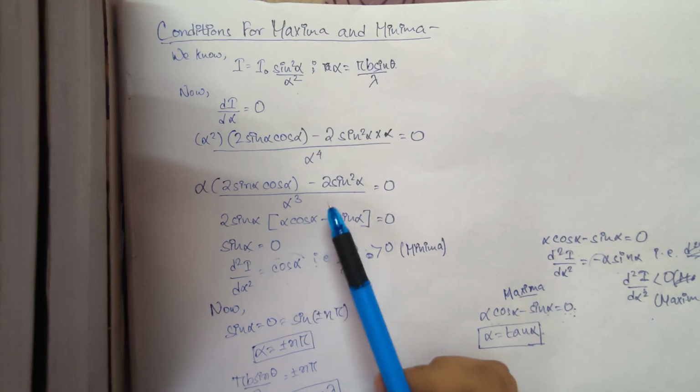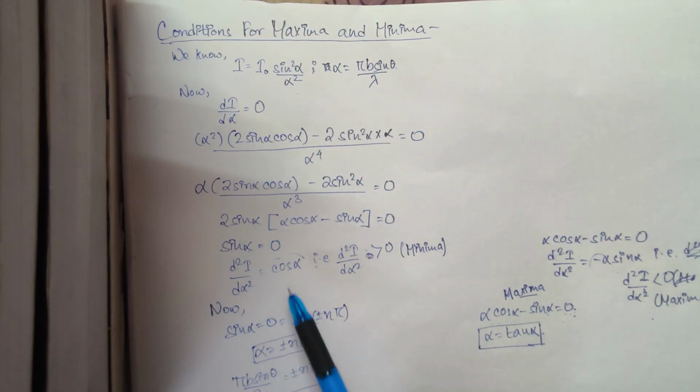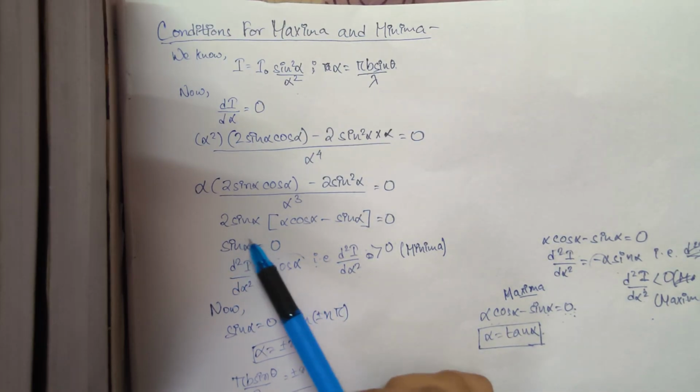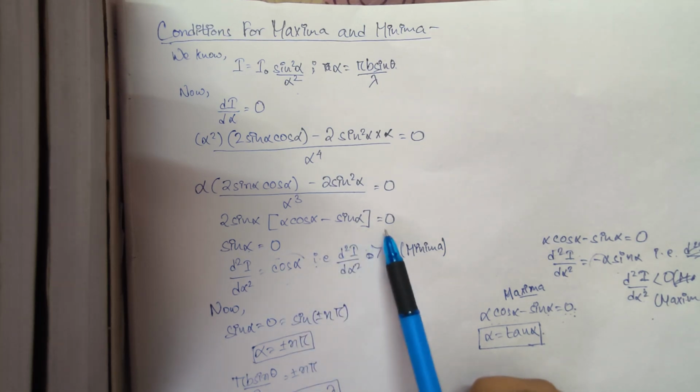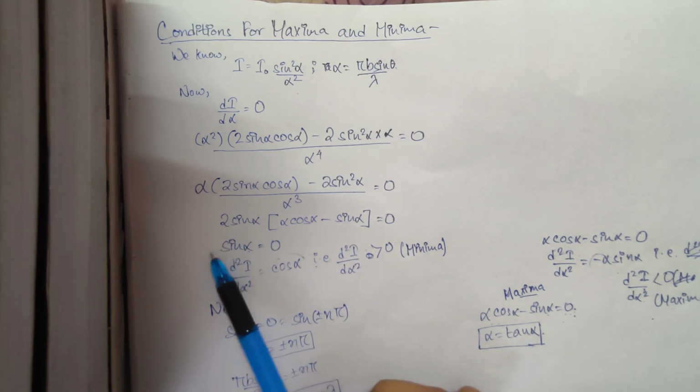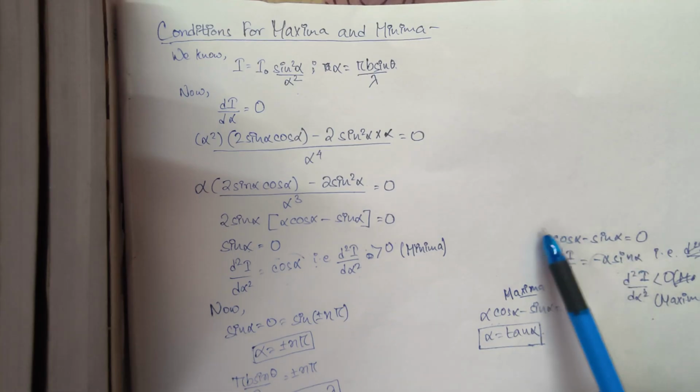In the very next step, I have taken 2 sine alpha common, and it became 2 sine alpha in bracket alpha cos alpha minus sine alpha. There we get two equations, that is sine alpha equal to 0 and alpha cos alpha minus sine alpha equal to 0.